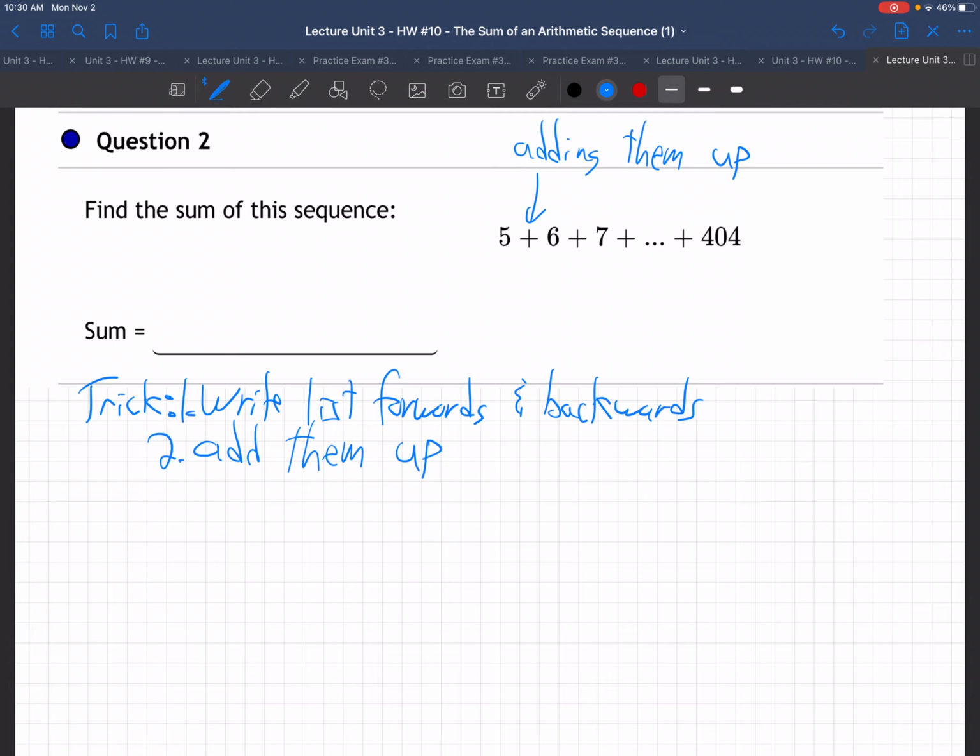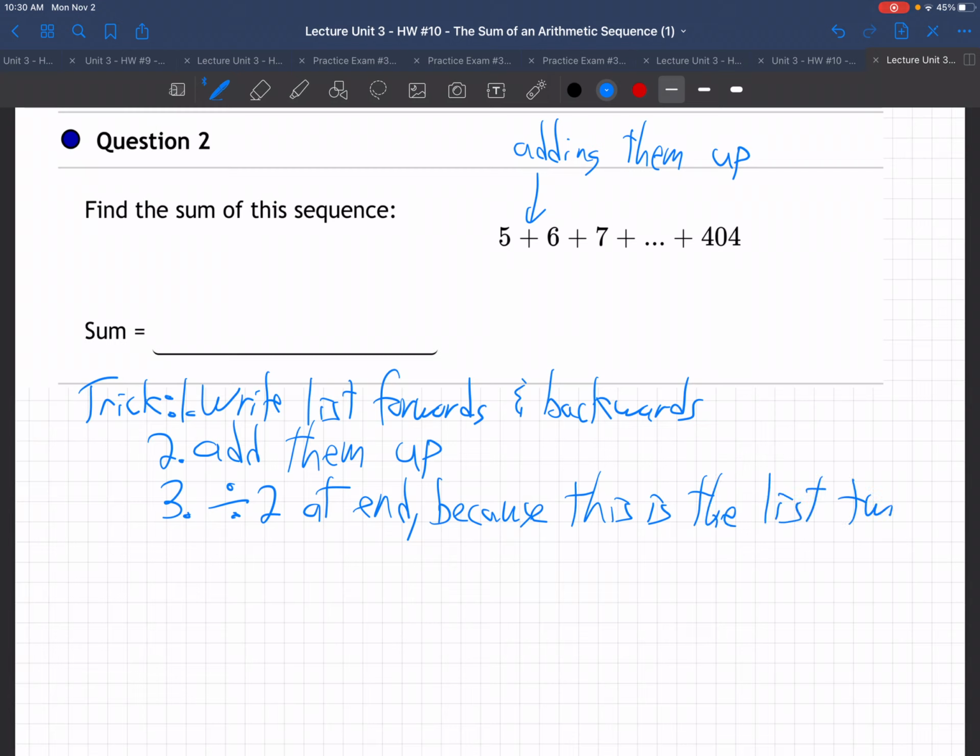So step 1, step 2, step 3, divide by 2 at the end, because this is the list twice. So that's the trick. That's the steps we're going to follow. Write the list forwards and backwards, which makes the list twice, right? Add them up and then divide by 2 at the end.